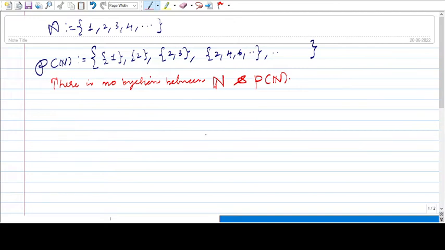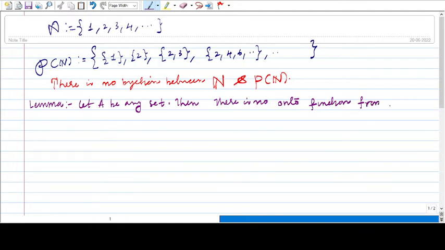We can call it a lemma because we are using it to prove our main observation, that there is no bijection between N and the power set of N. The lemma says: let A be any set, then there is no onto function from A to the power set of A. It's a very simple statement.